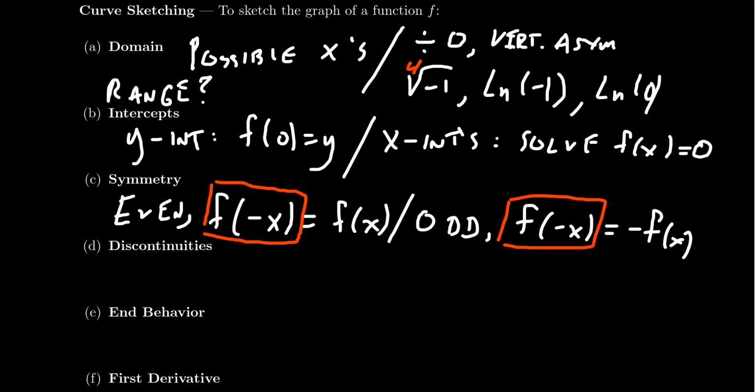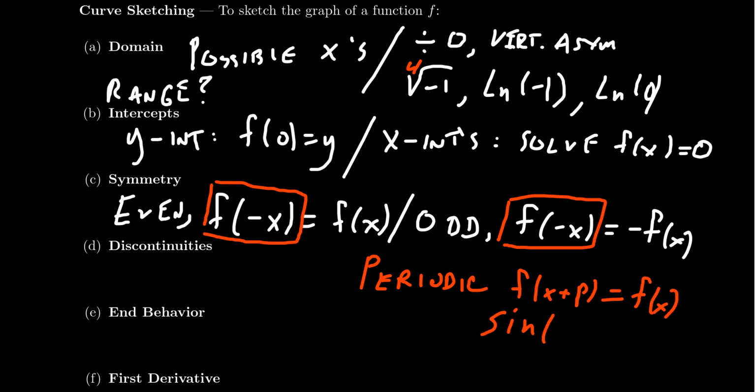Now, I should mention there is one other type of symmetry, the idea of being periodic. It could be that you have a function which, if you take f of x and add some period p to the input, repeats itself after a while. The idea is like with trig functions: if you take sine of x plus 2 pi, this just repeats itself.